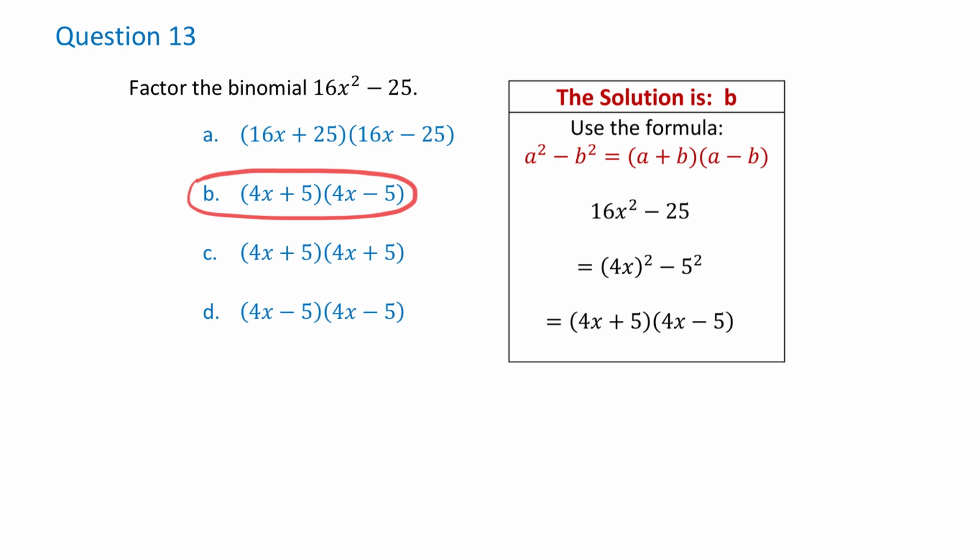Then the formula for factoring a difference of two perfect squares is a squared minus b squared equals a plus b times a minus b. According to this formula, we can write 16x squared minus 25 as a product of 4x plus 5 and 4x minus 5. Now let's continue with question 14.